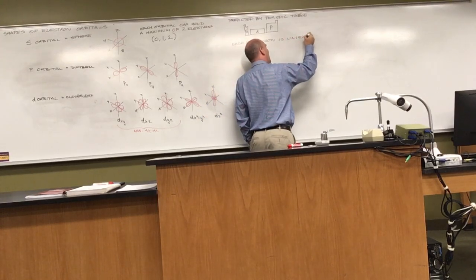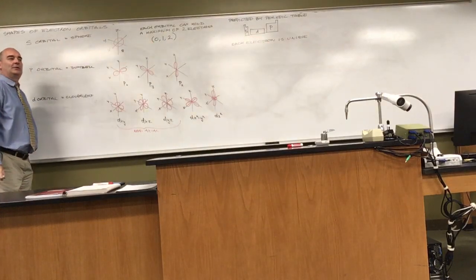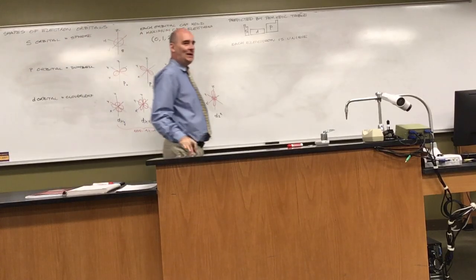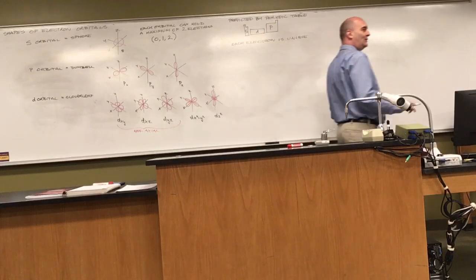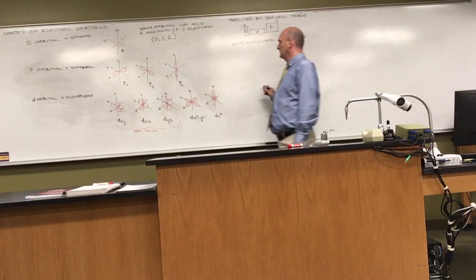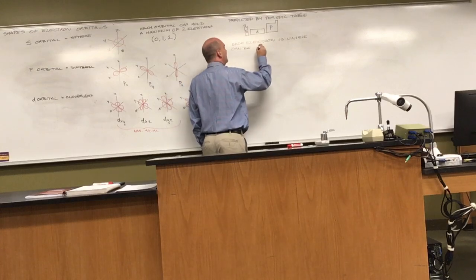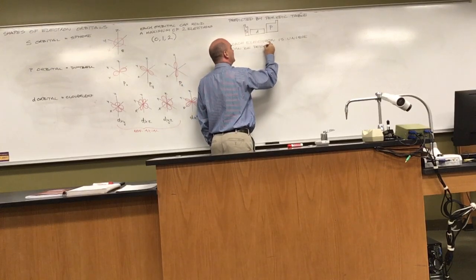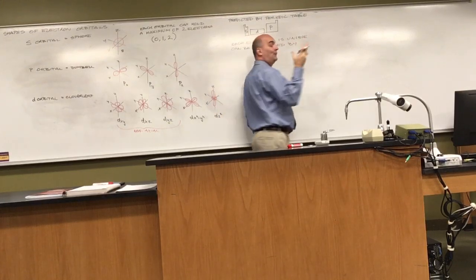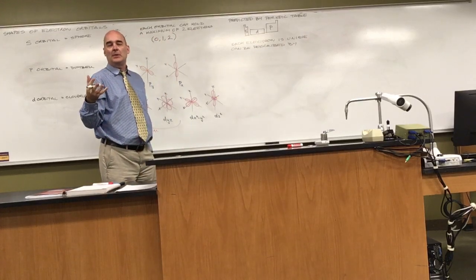Now it turns out that each electron inside an atom has something unique about it. No 2 electrons are quite the same. But every electron can be described by just 4 variables. So we're going to call those quantum numbers.